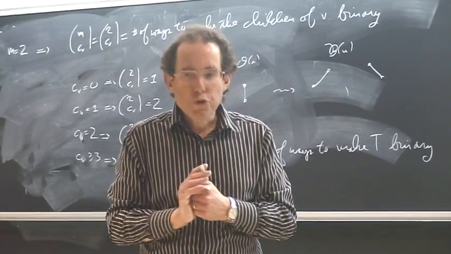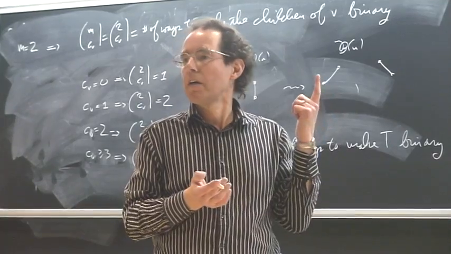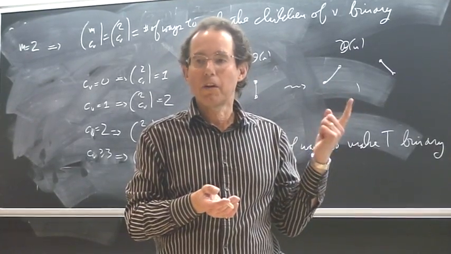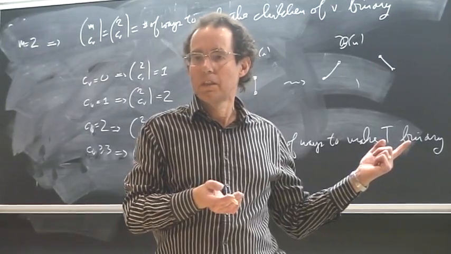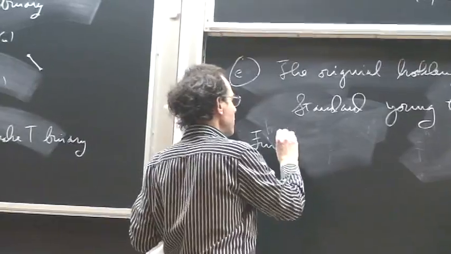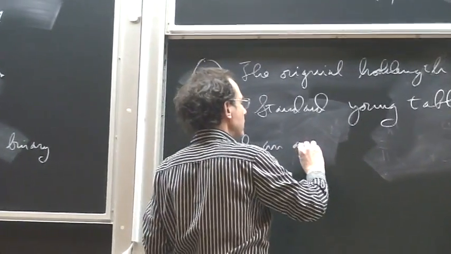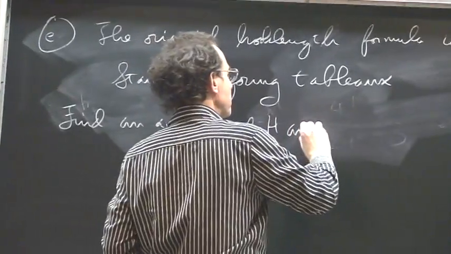I have no idea what even the analog of either of Han's formulas are for the standard Young tableau case. So the question is, find an analog of Han's formulas.